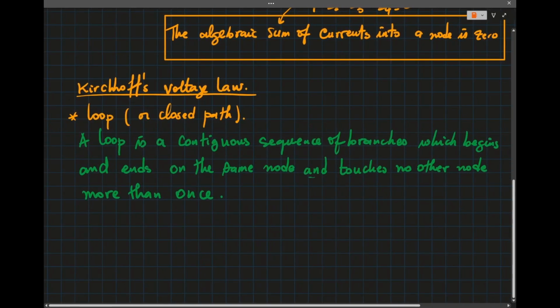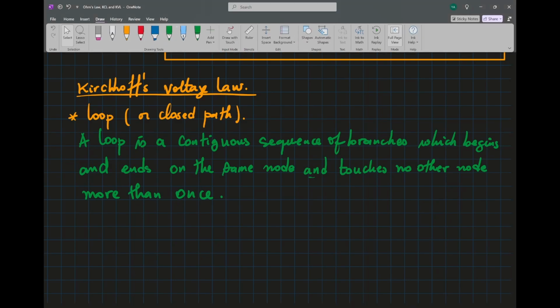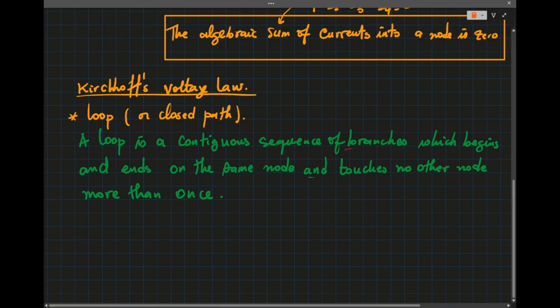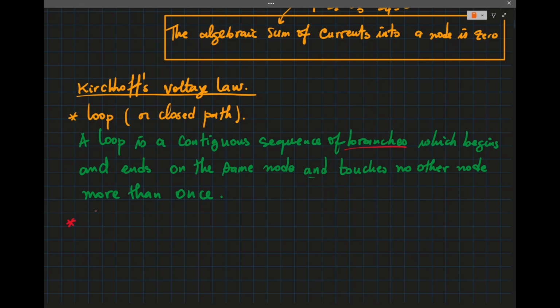Then we said branch. So what is a branch? A branch is a path that connects two nodes.